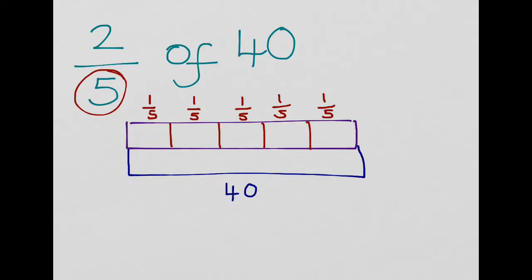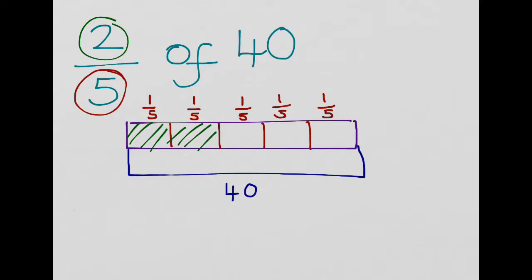So what you should have realised is we have not dealt with this number 2 on the top, because we've actually divided this into 1/5, and I haven't in any way shaded these in. I don't know how many parts I want. So we know that the numerator is 2, so I want 2/5. So that is what I do.